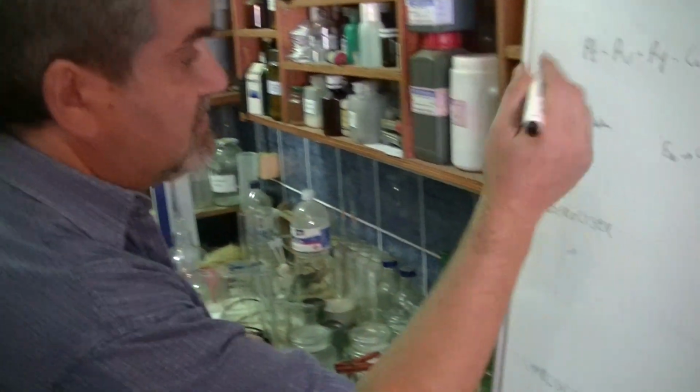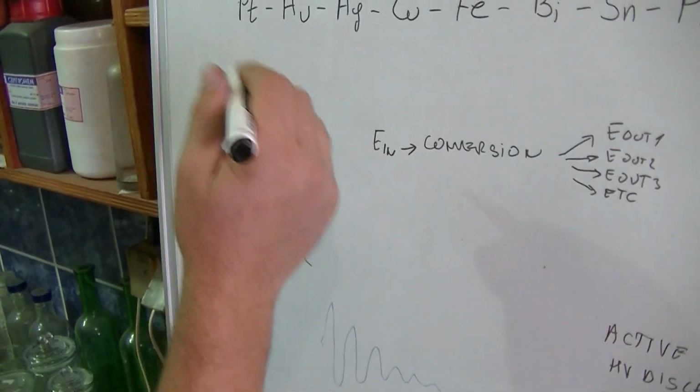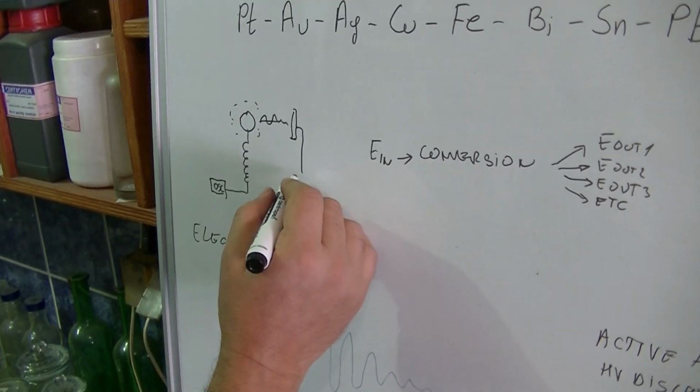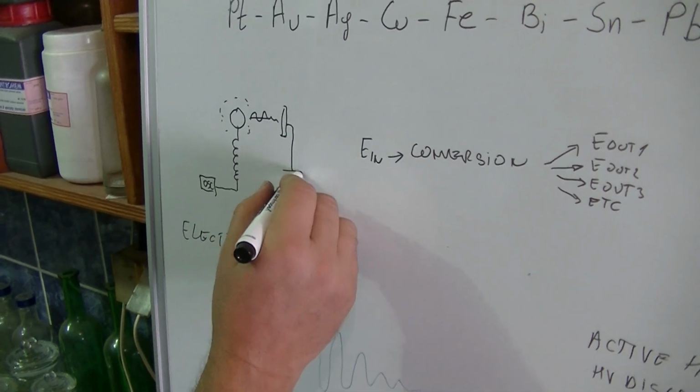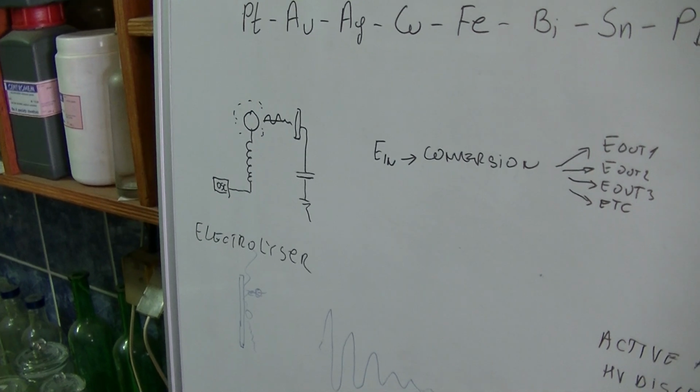We could collect this radiant energy with some antennas or any other method into some capacitor or battery and use it forward.